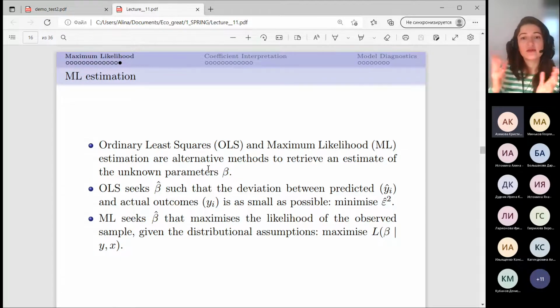You remember, we discussed this formula a lot. This is a very easy formula. How can we minimize this deviation?